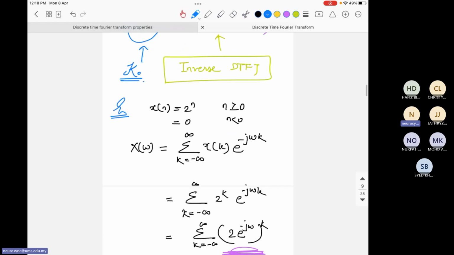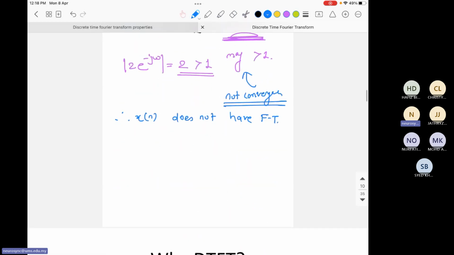So by looking at the sequence or system, you can guess whether we can get the Fourier transform for that particular sequence or not. For this case, x of n does not have the Fourier transform.